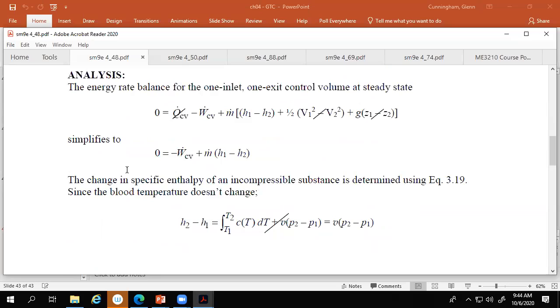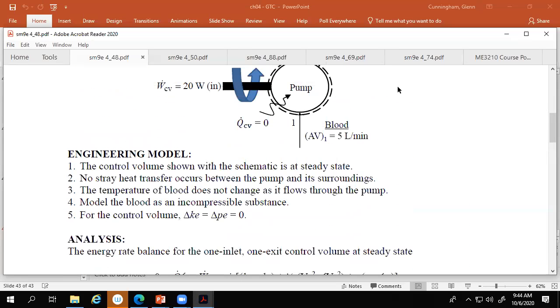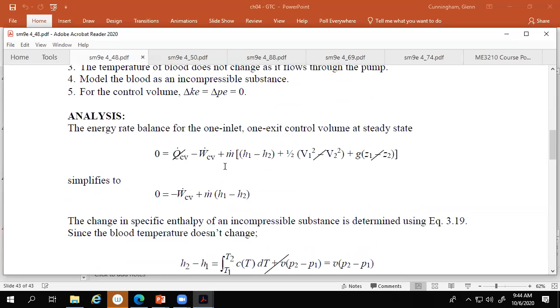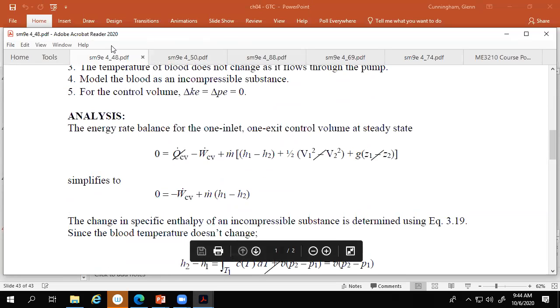Here we go. Let's write the first law. dE_CV/dt is 0 because we're steady state. It says throw away the heat transfer, so the Q dot term goes away. We definitely have work, because we've got a motor and a shaft turning somehow, so we have a work term. Then there's only one inlet and one outlet, and the mass flow rate is the same, so he factored out the mass flow rate.